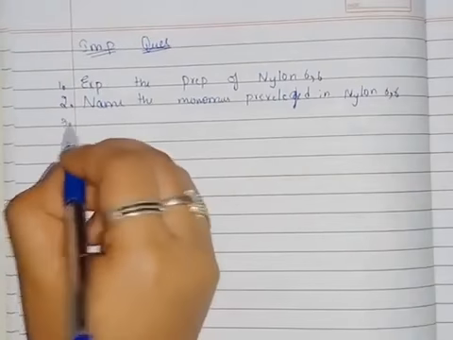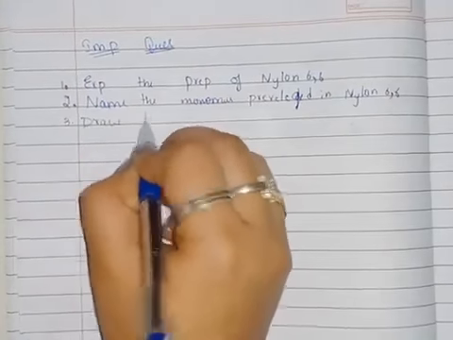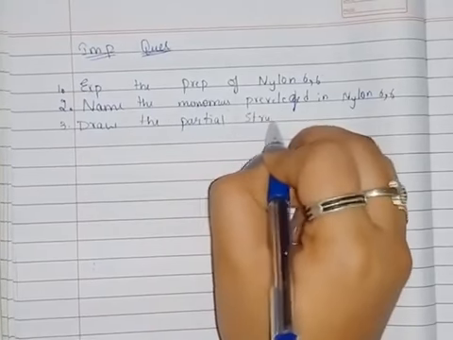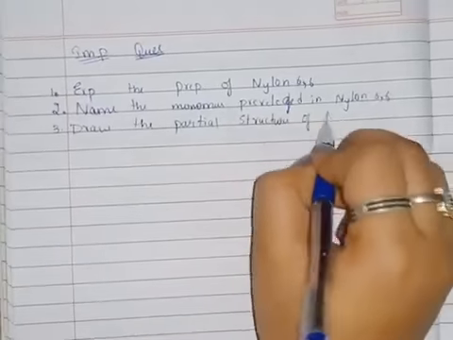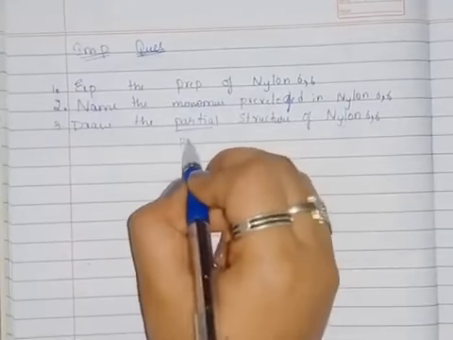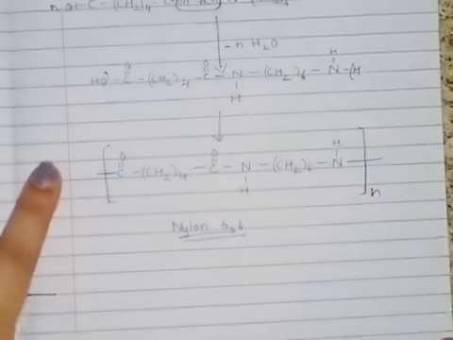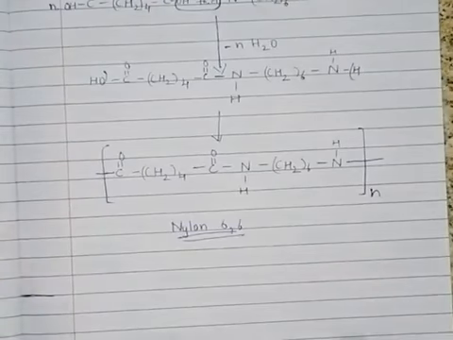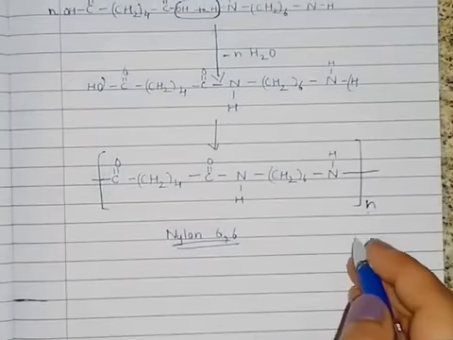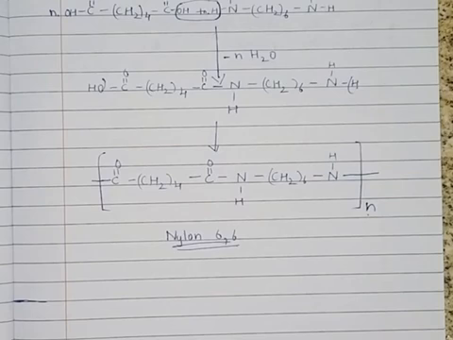So next, the third question, they'll ask to draw the partial structure of nylon-6, 6. Okay. So partial structure also they can ask, or polymer structure also they can ask. Okay. So partial structure, see here partial structure, only this N we have to remove. Okay. If we just remove this N, it will become a partial structure. With N, if we write, it is a polymer structure. Okay. Thank you for watching it.